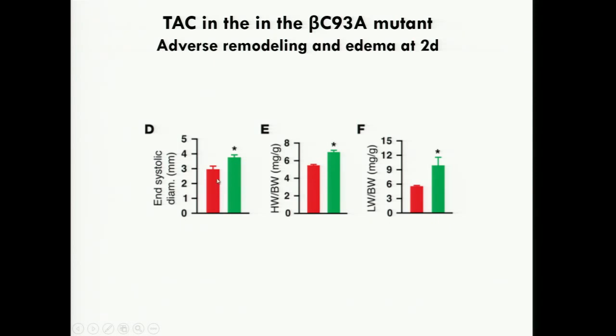An increase is not good. That means your heart is dilating, and it indicates failure. They also measured the heart weight over the body weight. That's a measure of left ventricular hypertrophy, and that increases in the mutant mice. And they also measured lung weight over body weight. Lung weight, when it increases, in this model is due to edema.